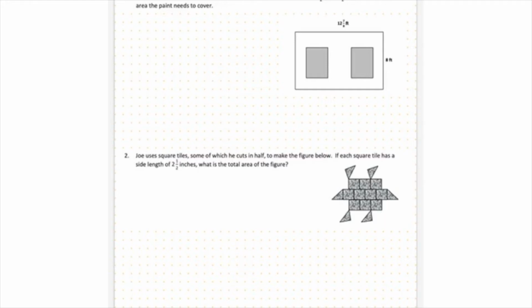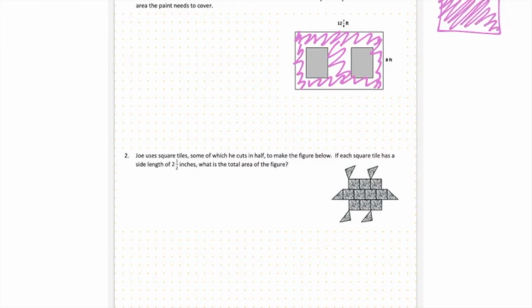Okay, well, if I'm thinking about that, I'm obviously not going to paint the windows. So what it's saying is I need to find the area of all of this space on the wall around those windows. So the way that I'm thinking about this is, if I can figure out the area of the whole entire wall, and then I can subtract the area of both windows, that will leave me with just the remaining area.